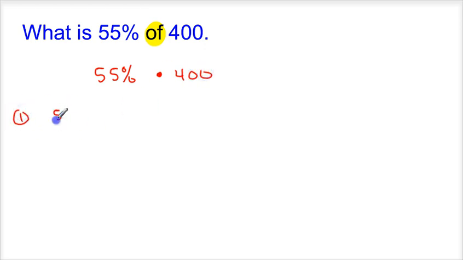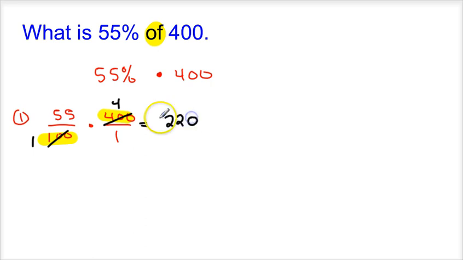In this case it would be 55 over 100 times 400 over 1. I can simplify directly here: dividing 100 by 100, I get 1, dividing 400 by 100, I get 4. So all I'm left with is 55 times 4, and if you multiply 55 times 4, you should get an answer of 220.